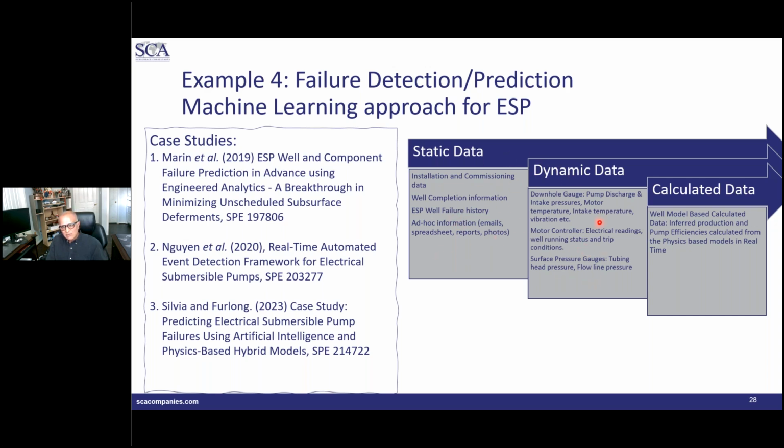Then, of course, they look at dynamic data, and some of them come up with calculated features based on this dynamic and static data, and they apply it differently. So if this is of interest to you, I would recommend maybe starting from the 2023 paper and going back just to understand this.